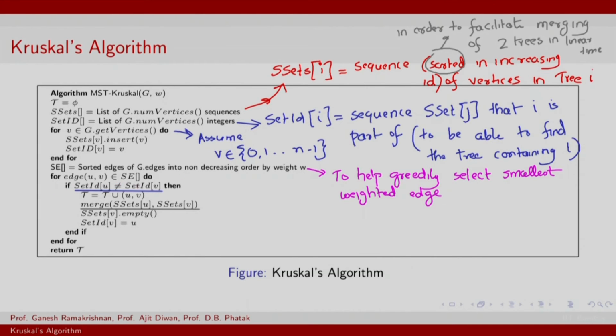Then we iterate over all the edges. Now, we check if this edge indeed connects two different trees. So, if the set ID of u is not equal to the set ID of v, that means they are part of two different trees. Then this T, which we have not described so far, is basically the data structure that keeps track of the tree so far.